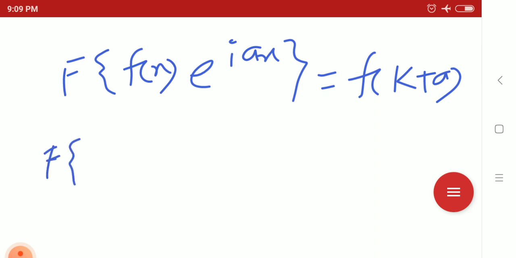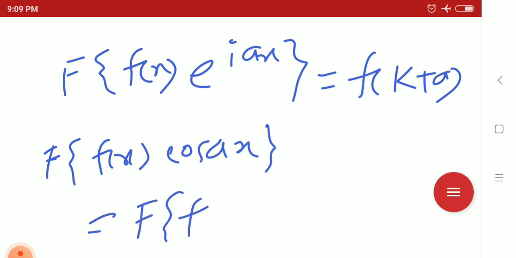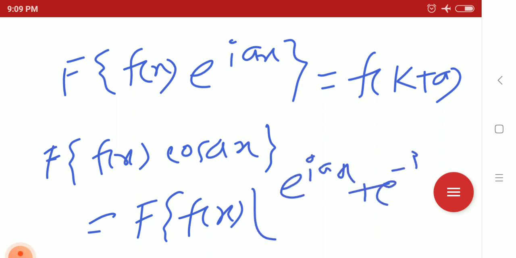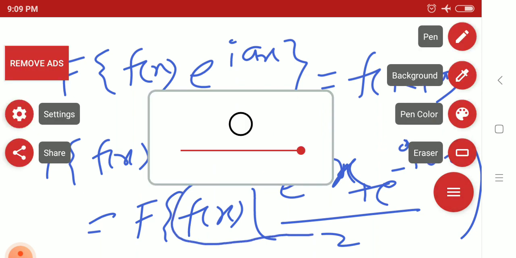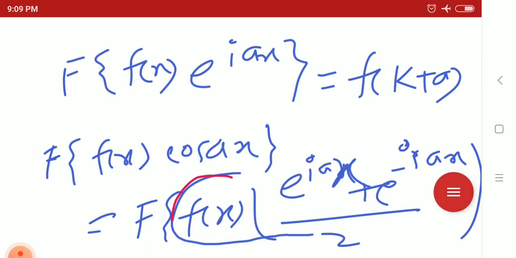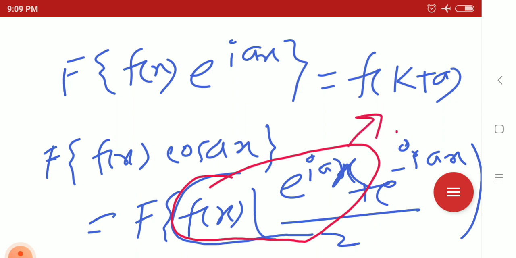So whenever you are doing f of x cos of ax, it means the Fourier transformation of f of x times e to the power iota x plus e to the power minus iota x divided by 2. So let me write, changing the pen color. The Fourier transformation of this part, f of x e to the power iota x, will give f of k plus a.